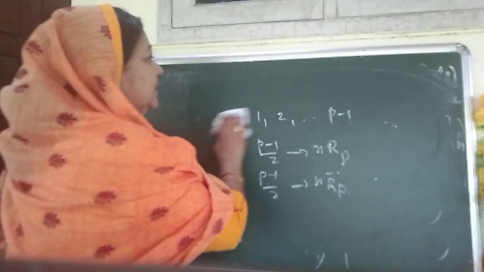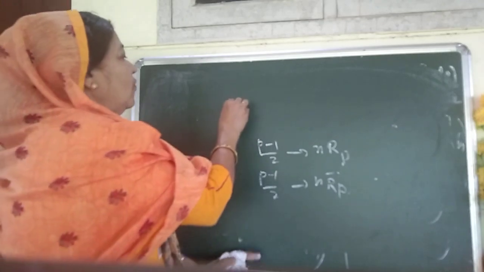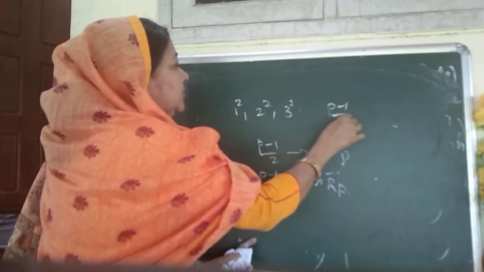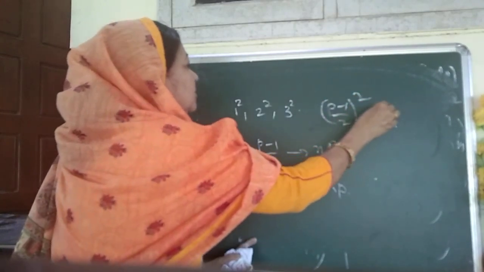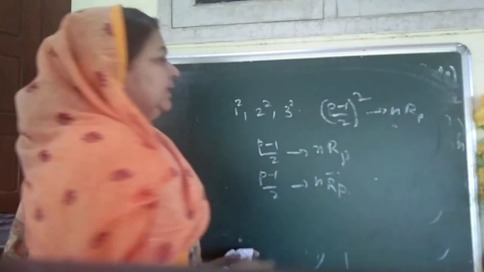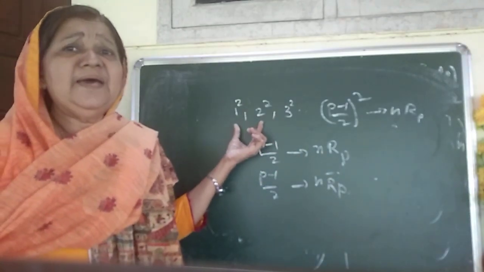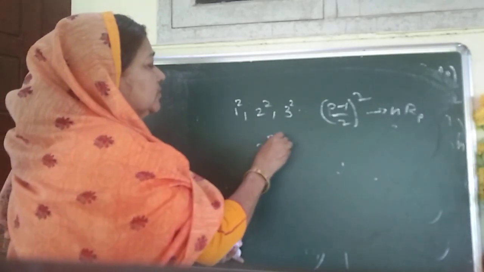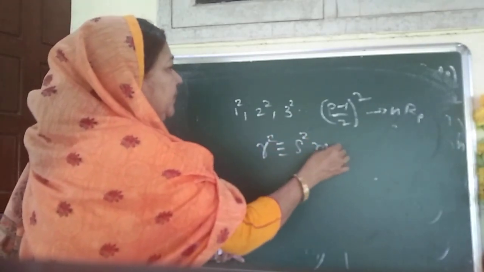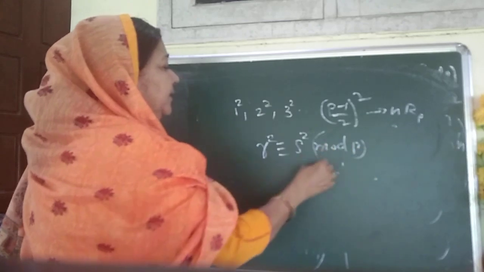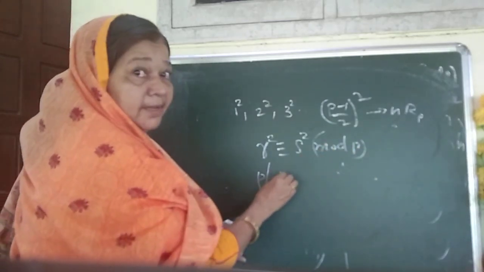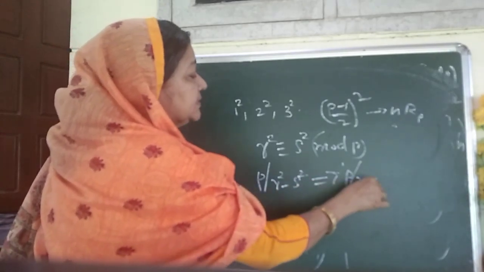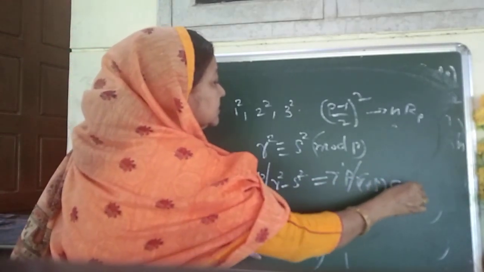For this, assume that these numbers are 1 square, 2 square, 3 square, up to the square of p minus 1 by 2, which belong to quadratic residues. Then we see these numbers are distinct. For if not, let r square be congruent to s square mod p. Then p divides r square minus s square, that means p divides r plus s into r minus s.